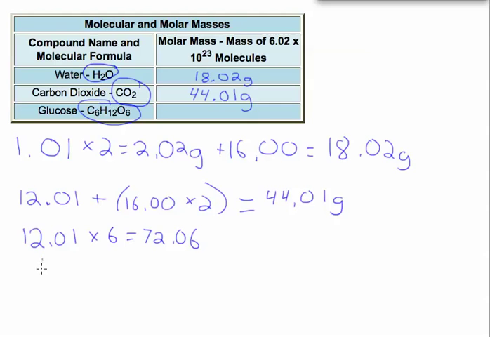So 1.01 times 12 is 12.12. And we have 6 oxygen. So we do 16 times 6 is 96.00. And if we add all these up, we get 180.18.